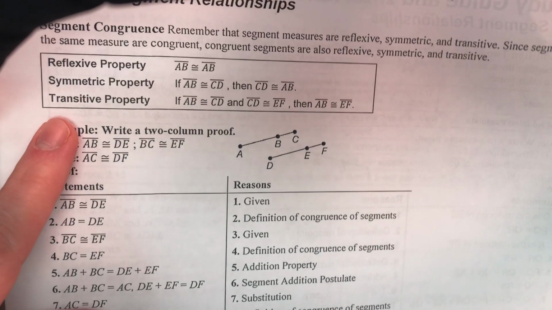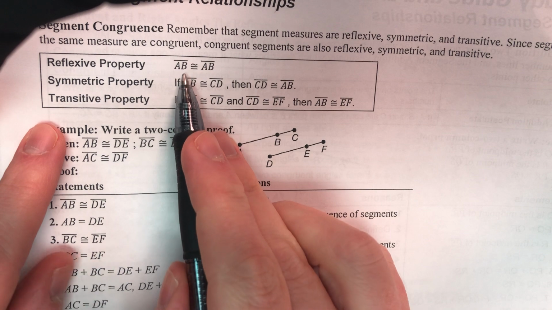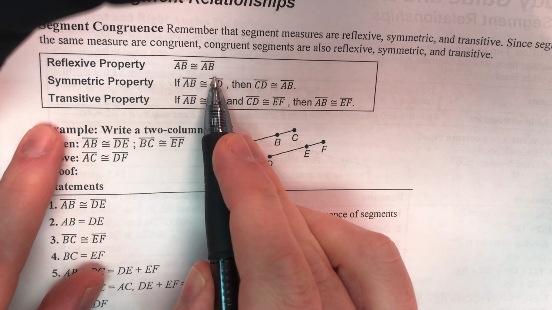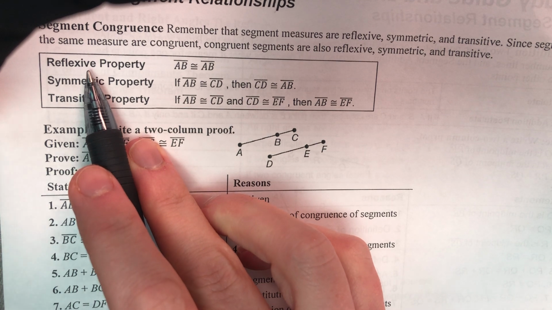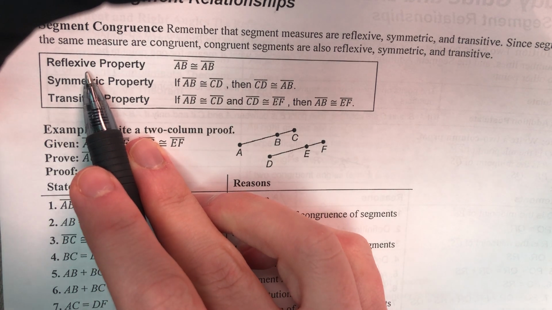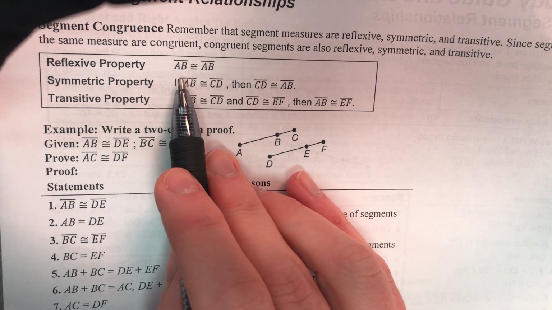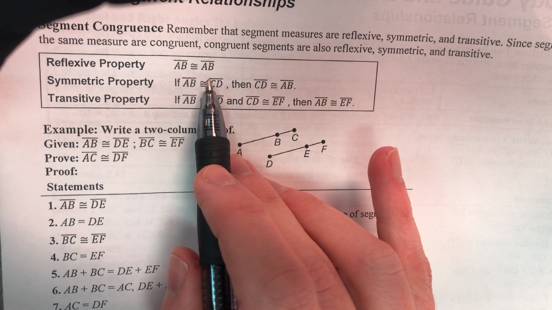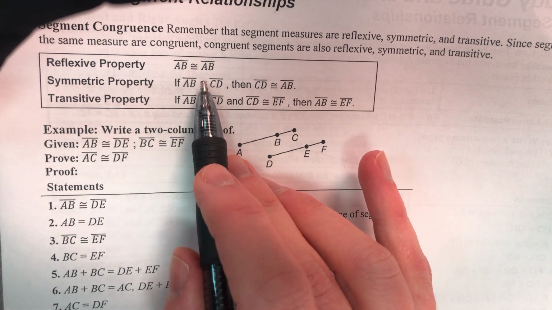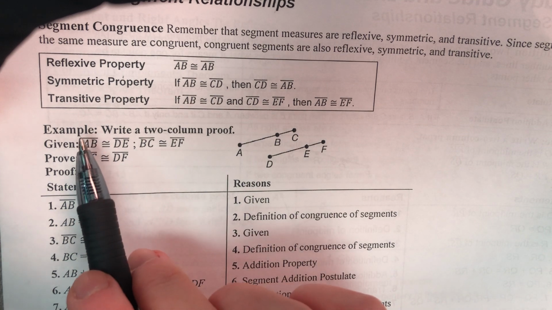Okay, let's go on to the back. The next page says reflexive property means that a segment AB is congruent to itself, a segment AB. Reflexive kind of makes me think of the word reflection, like you have your reflection in the mirror, which is the same as yourself. So the reflexive property tells you that one segment is congruent to itself. Seems kind of obvious, but we do have a property for that in geometry.